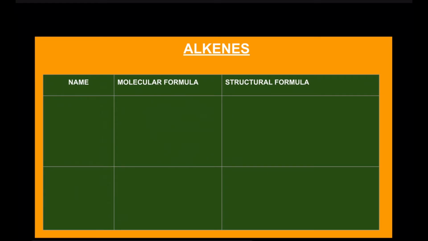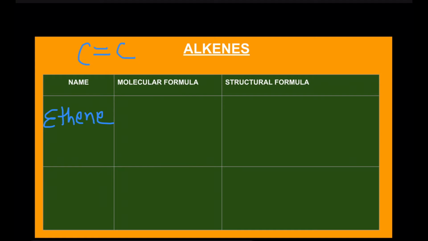Try to remember this very nicely: in the alkene homologous series, the first member is not methene, the first member is ethene, because in alkenes the carbon atoms have a double bond between them.